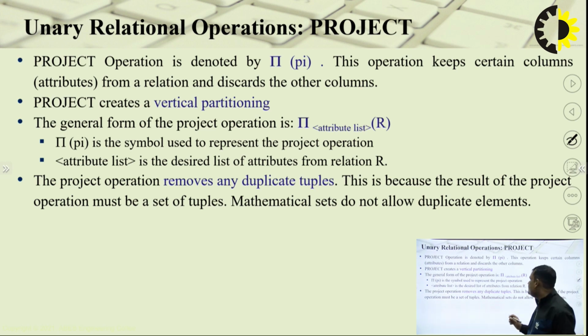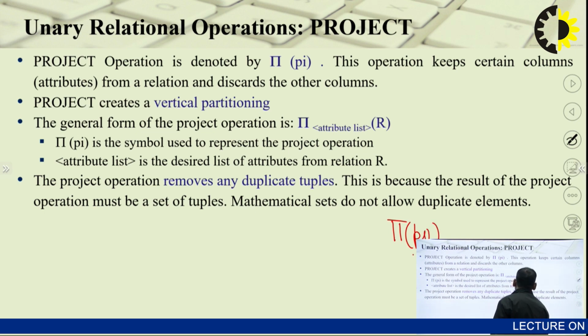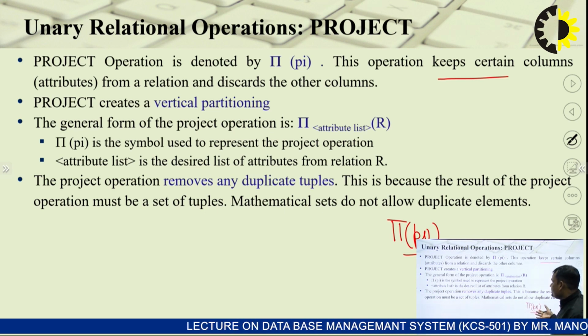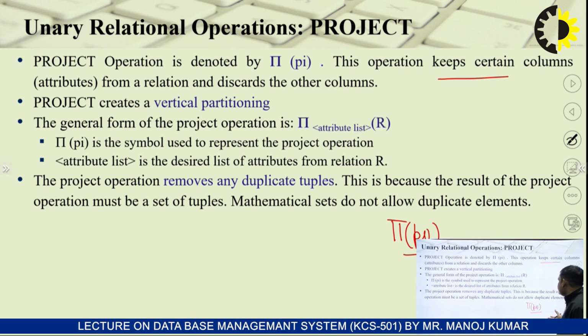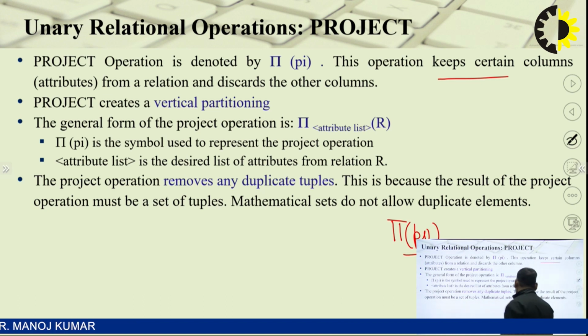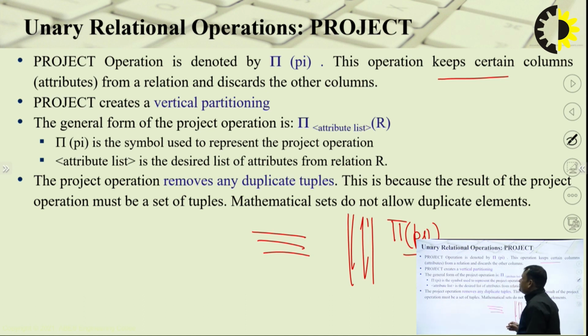The projection operation is denoted by the mathematical pi notation. This operation keeps certain columns. The projection operation selects the desired columns of the table, and the selection operation selects the desired tuples, the records. These operators work vertically and horizontally: projection is the vertical operation and selection is the horizontal operation.